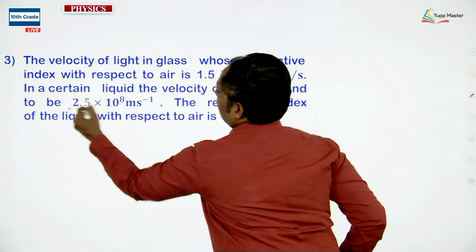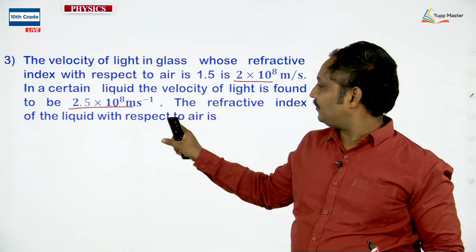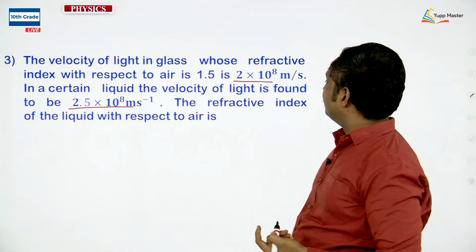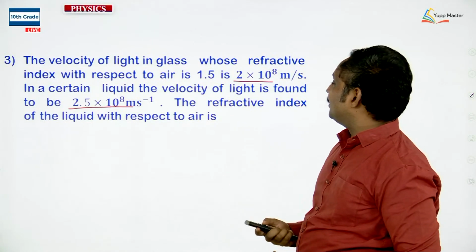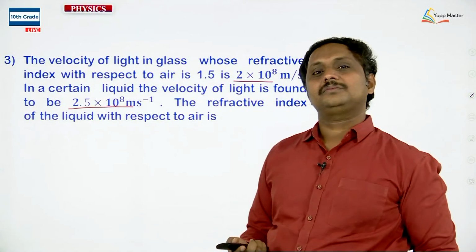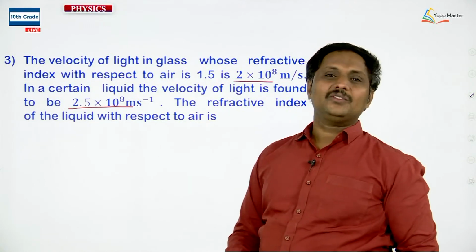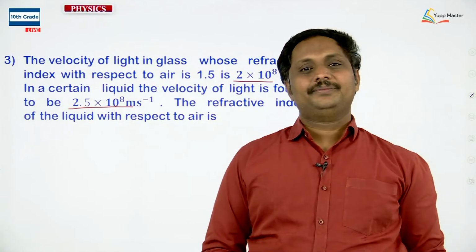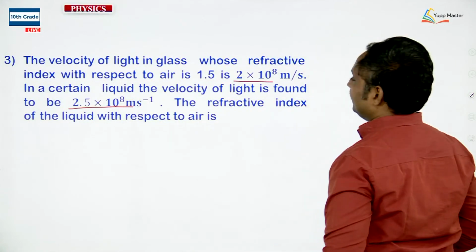The speed of light in that liquid is 2.5 into 10 to the power of 8 meter per second. Very clear. The refractive index of the liquid with respect to air is called the relative refractive index. Now you can get this data.